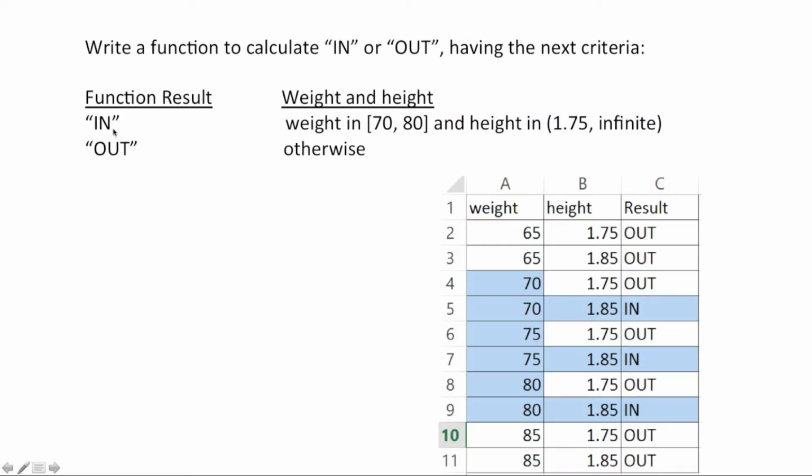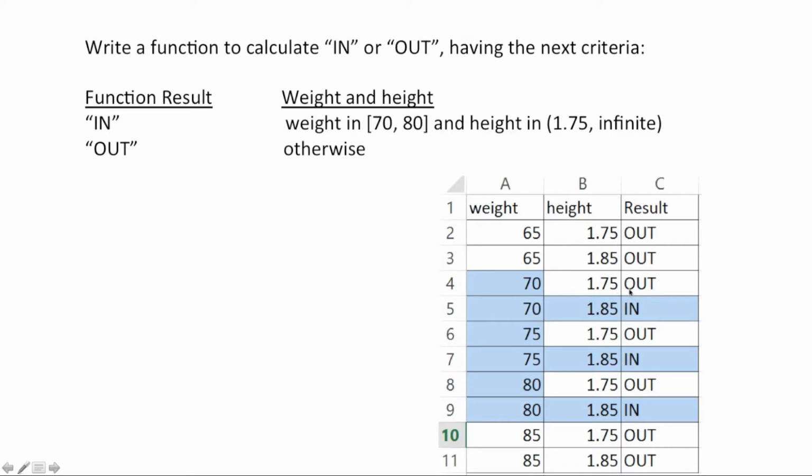We have another example. We're trying to write a function to calculate in or out depending on a criteria on the weight and height. If the weight is between 70 and 80 and the height is bigger than 175, then we get in. Otherwise, we get out.